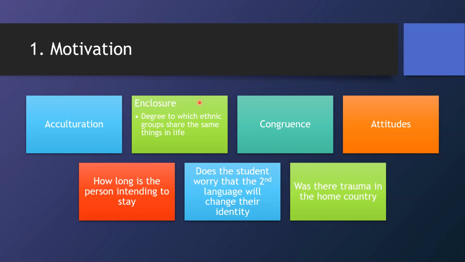All right, so another idea is called congruence, and it is how accepted your cultural group is by the dominant group.